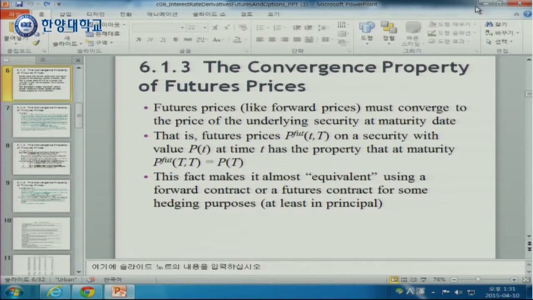Therefore, in the case of this bond contract the correlation is strong, but when the underlying asset is like KOSPI 200 or Nikkei 200, then the futures contract and forward contract should be very similar to each other. That's my guess, because the correlation is very weak. Any other question?